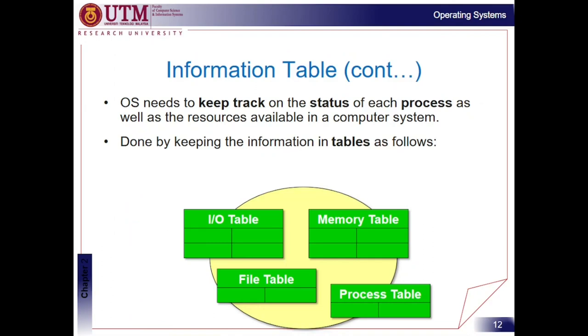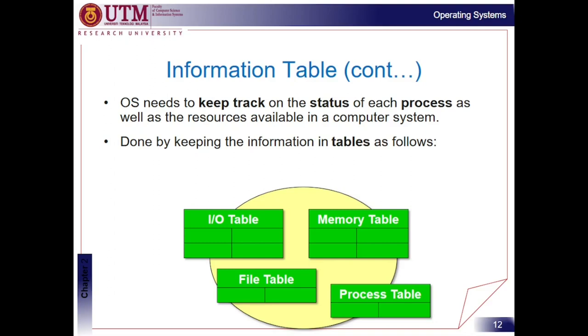This slide explains how the operating system keeps track of the status of each process and the resources available in a computer system. The operating system uses tables to store information about different aspects of the system. One of these tables is the I/O table.